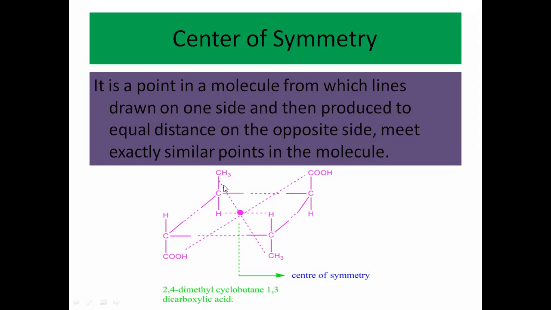Though they have these four asymmetric carbons, we say that this molecule is optically inactive. Why? Because of the presence of this center of symmetry. Center of symmetry is present in this molecule. So we call the molecule achiral.